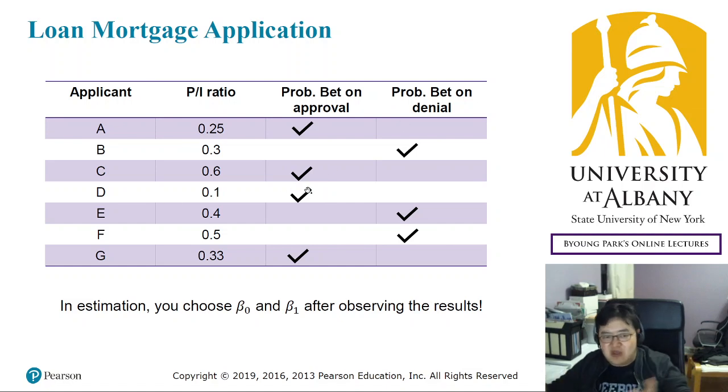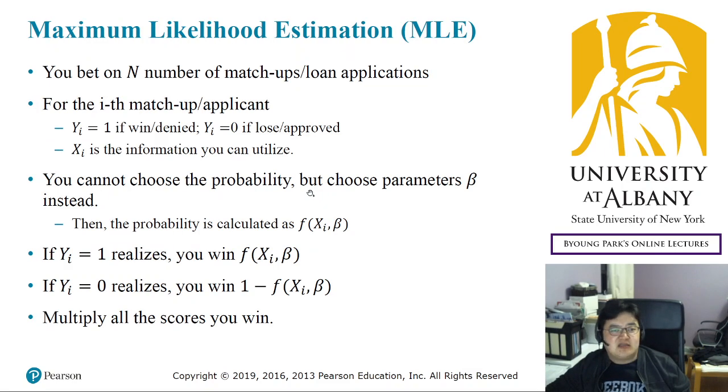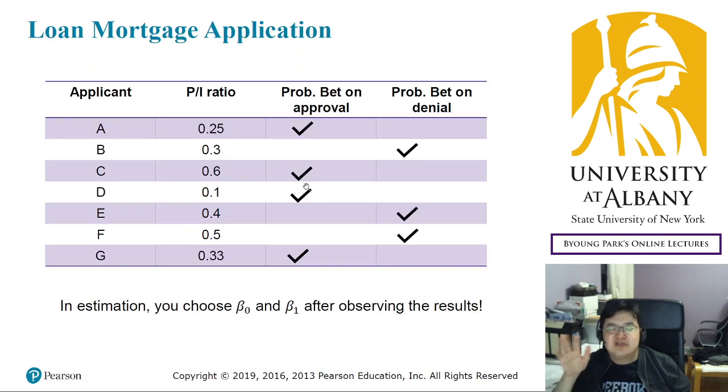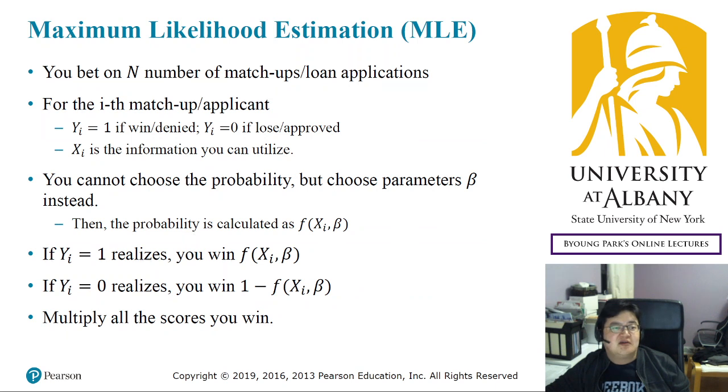So based on that, you can just maximize your price. That is the maximum likelihood. And of course, another difference is that even if you choose the optimal parameters, you don't win anything. You don't win any money here. That's another difference.